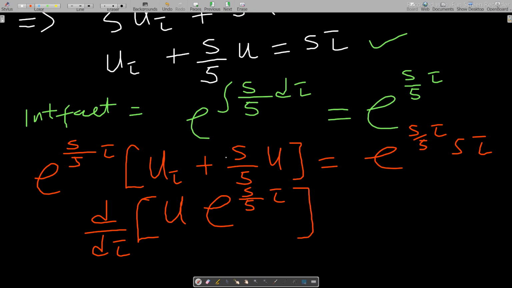Then it should be equal to, sorry, the equation here is supposed to be over 5. There is a mistake I made here.